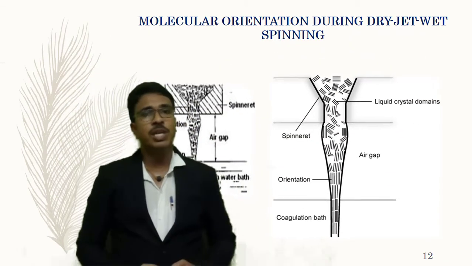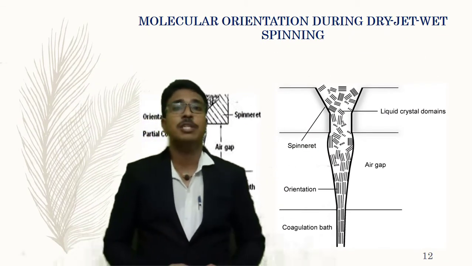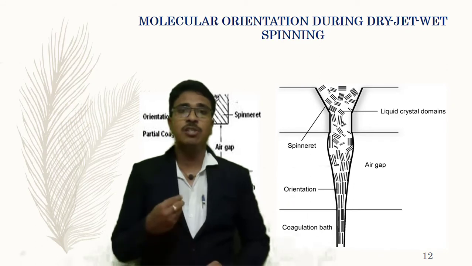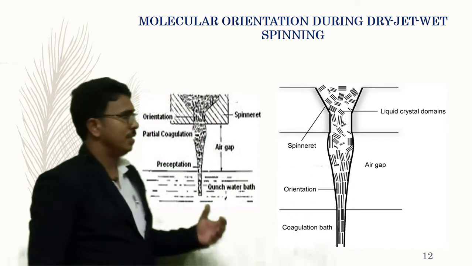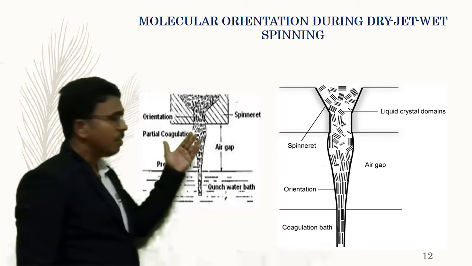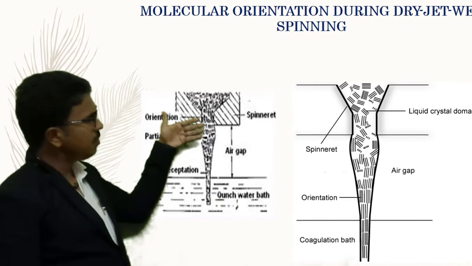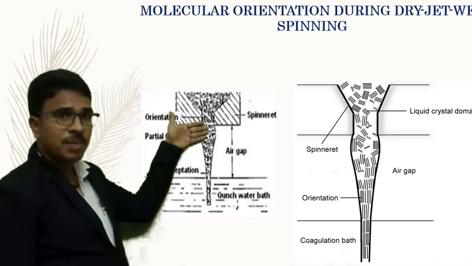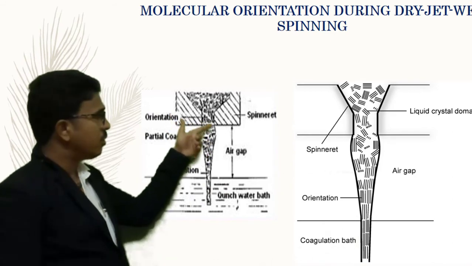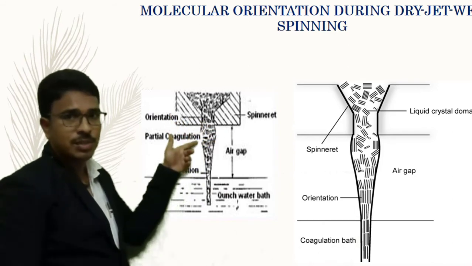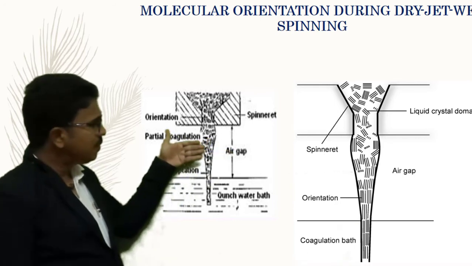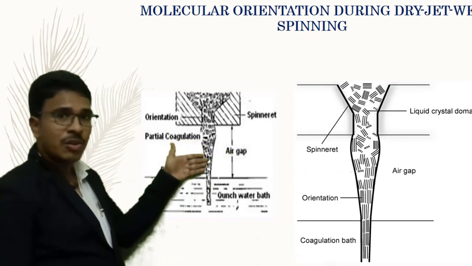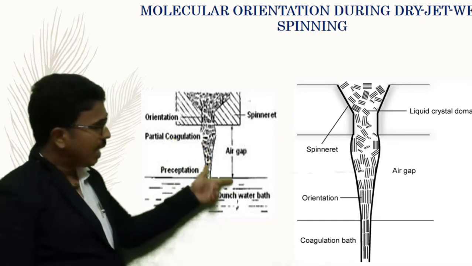Now you can see a clear image of the molecular orientation during the process of making filaments. Here you can see the filaments coming out from the spinneret. Inside, all the molecules are liquid crystal domains. And once they come out from the spinneret, you can clearly see there is an air gap.